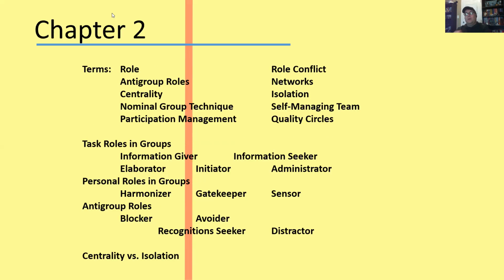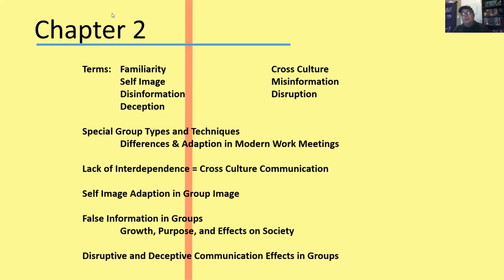When we had the anti-group roles, that person, because of misinformation, is not just a blocker and an avoider and the distractor, but even the recognition seeker. They're all of them. And maybe we need to add another anti-group role called toxic, where it is just a poison pill. And so that's part of it.